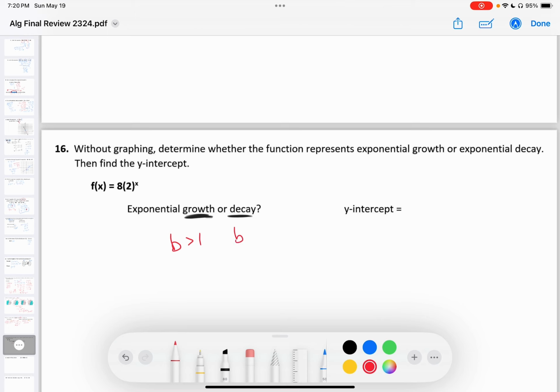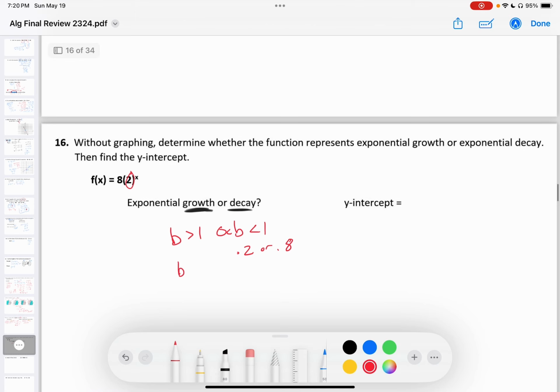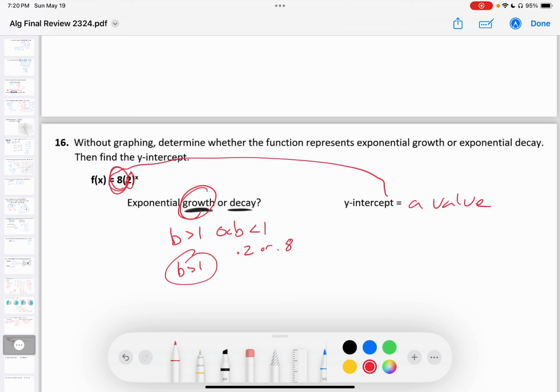If our b value is less than 1 but greater than 0, like 0.2 or 0.8, we would have decay. Our b value is 2, so our b value is greater than 1, so we've got growth. And then our y-intercept, that is your a value. So our y-intercept would be 8.